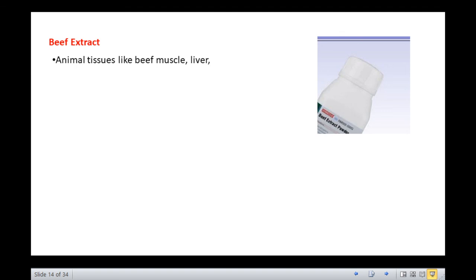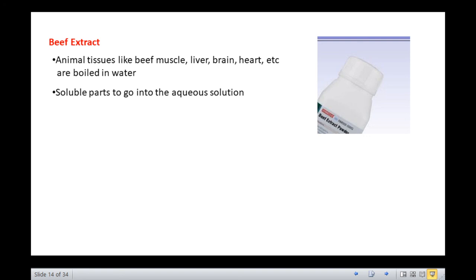The next component is beef extract. Animal tissues like beef muscle, liver, brain, heart, etc. are boiled in water. This causes the soluble parts to go into the aqueous solution.